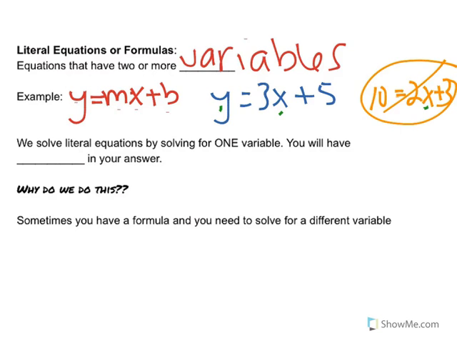So we solve literal equations by solving for one variable. You will still have variables in your answer. The reason that we do this is because sometimes you have a formula that you need to solve for a different variable to be able to use it.